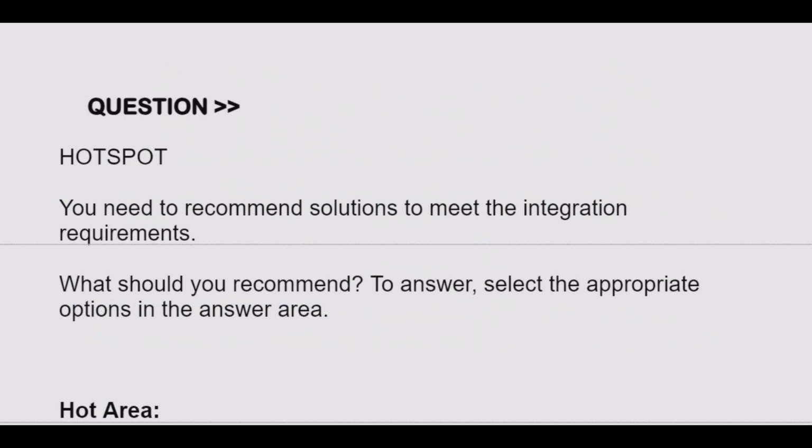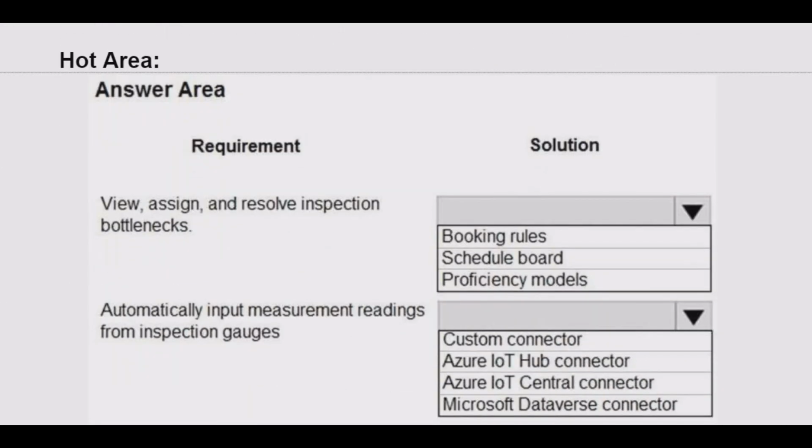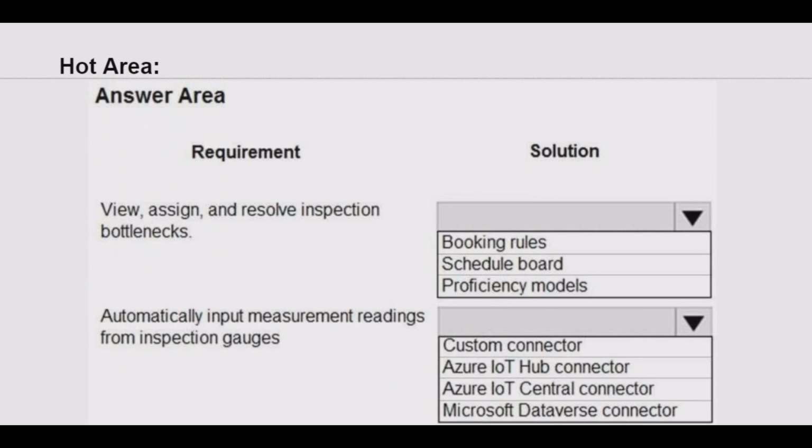Our question is hotspot. You need to recommend solutions to meet the integration requirements. What should you recommend? To answer, select the appropriate options in the answer area. Please have a look at the answer area. Hot area. Our requirement is view, assign and resolve inspection bottlenecks.